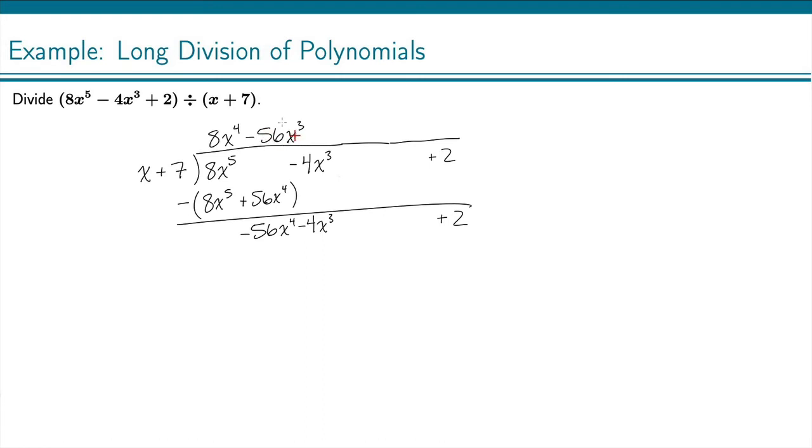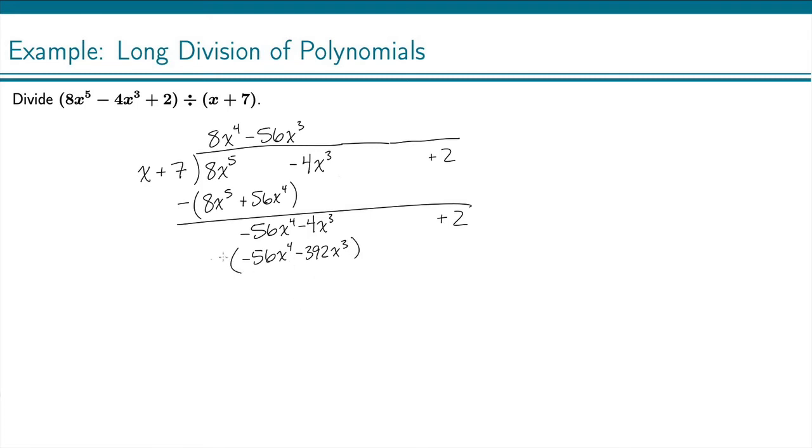And then we take this and we multiply it by our divisor. So negative 56x to the 3 times x is negative 56x to the fourth. Then we multiply that by 7. So 7 times 56 is 392. So we're going to have a negative 392x cubed.